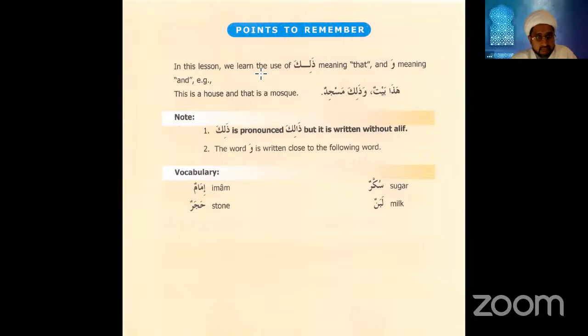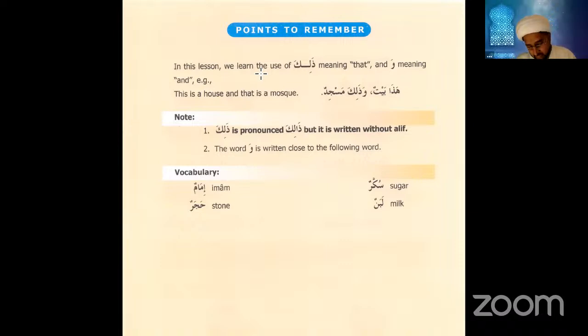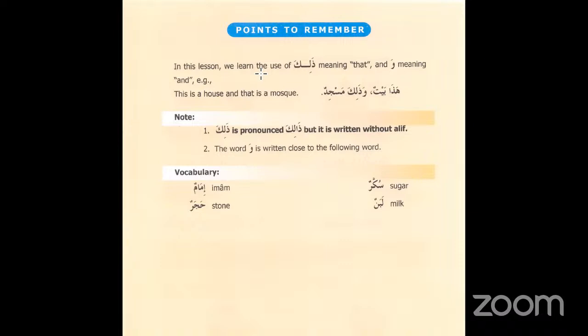Example, this is a house, هذا بيت, and that is a mosque, وذلك مسجد. Excellent. Note, ذلك is pronounced dhalika, but it is written without alif. The word wa is written close to the following word.